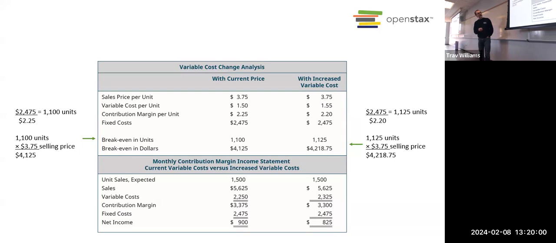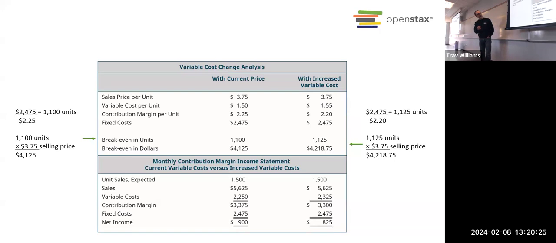Now fixed costs have stayed the same. So when we divide the fixed costs by the new contribution margin per unit, we see the number of units we have to sell to break even goes up, right? We have to sell an extra 25 units. Since it's costing us 5 cents more per unit, it's going to be a little bit harder to break even.